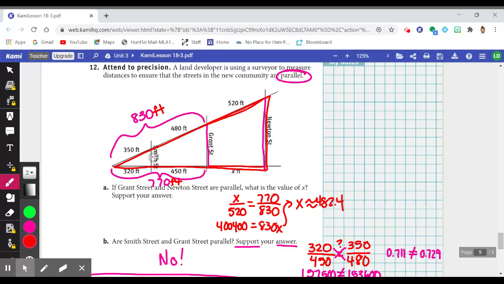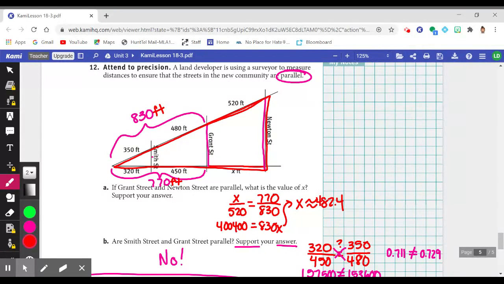Again, we have to ignore Smith Street because we have no idea if it's parallel to Grant or Newton. And 770, this side, corresponds to 830, just like x corresponded to 520. And notice I changed the equal sign to an approximate sign because we got a decimal in 482.4.